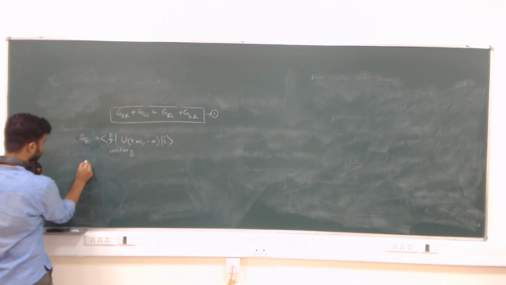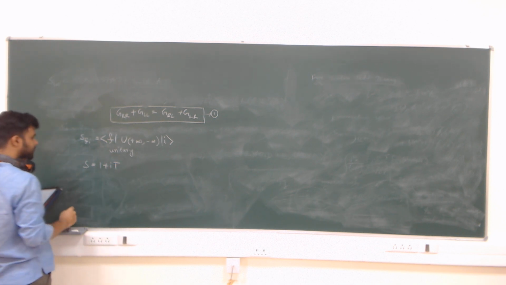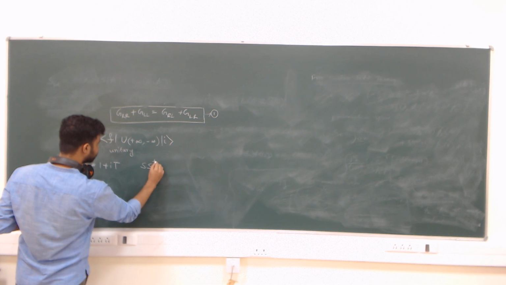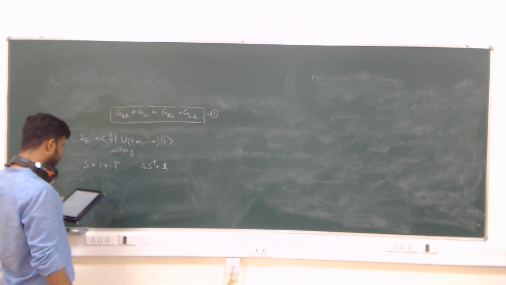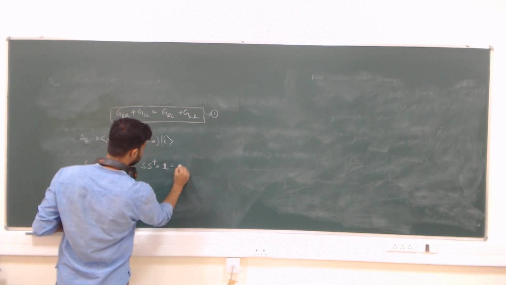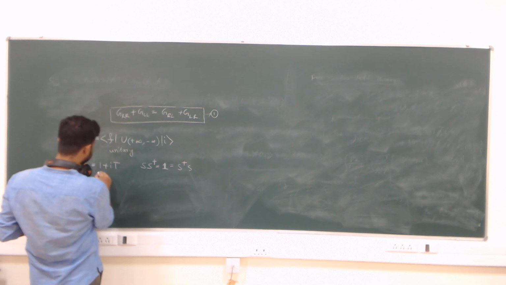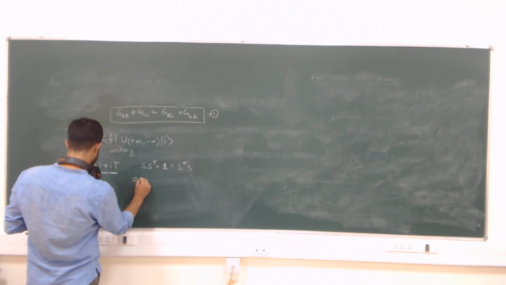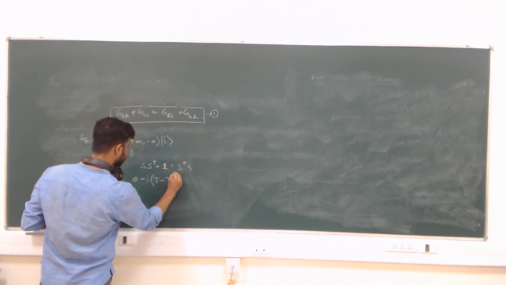So if the S-matrix exponent is written in this way, this has to be followed: S dagger S is identity, and using this definition of S we can get that the transition matrix has to follow this identity.